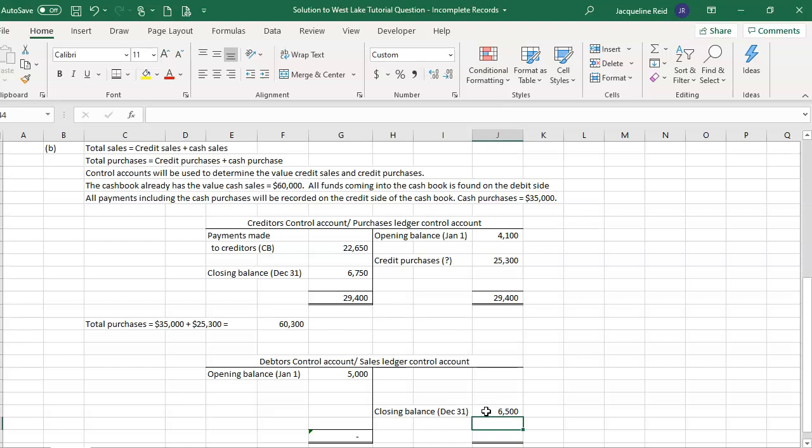So any money collected in would naturally be on the debit side. It will be found on the debit side of the cash book. And when you run your eyes on the debit side of the cash book, you will see a figure for 55,000, which will be representing the money collected from debtors throughout the year. And this will come from the cash book.